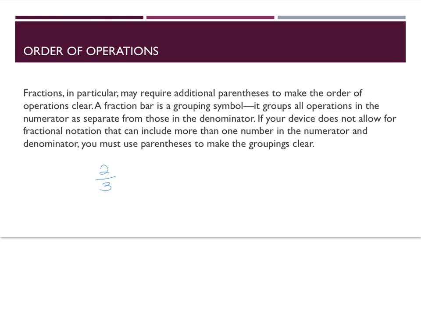But if I'm using some kind of device where I'm typing in line, the 2 and the 3 are on the same line. It's just got a slash between them. Now what if I add some type of operation to this, where I say 2 plus 1 over 5 minus 2.